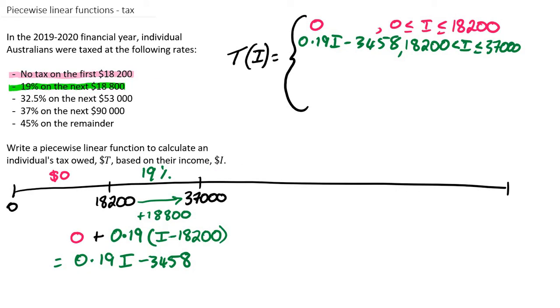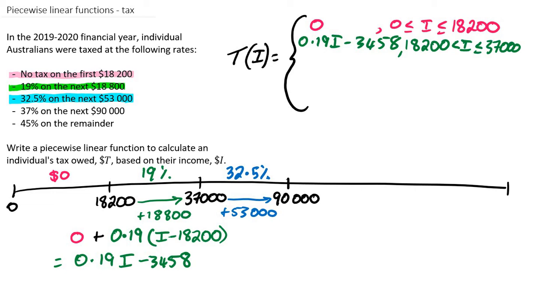The next bit says 32.5% on the next 53,000. So, the next 53,000 takes us up to $90,000 from 37,000. And on any income in there, we're going to pay 32.5%.